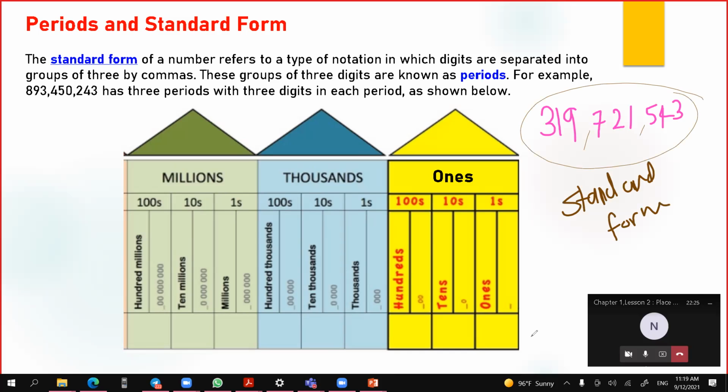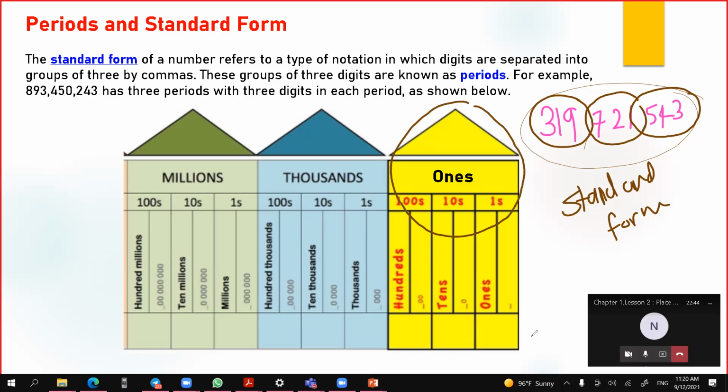Now, here, as you see, this is the first period, this is the second period, and this is the third period. Now, they told me that between each 2 periods, you must write a comma. Ones is the first period, thousands is the second period, and millions is the third period.